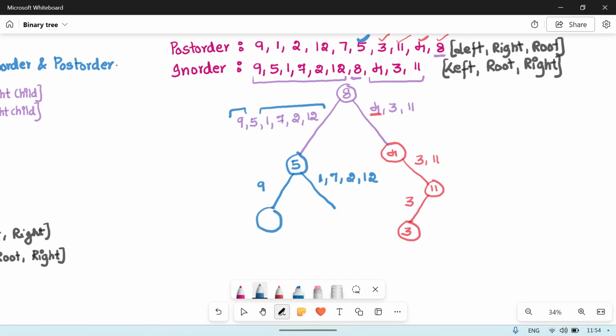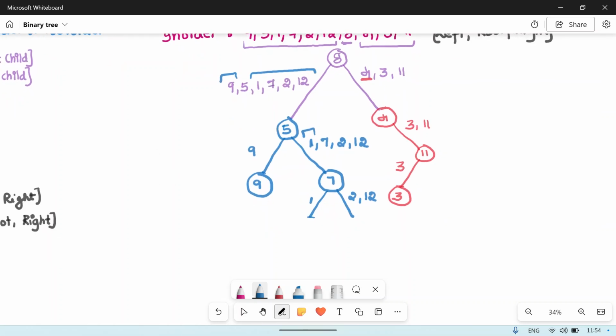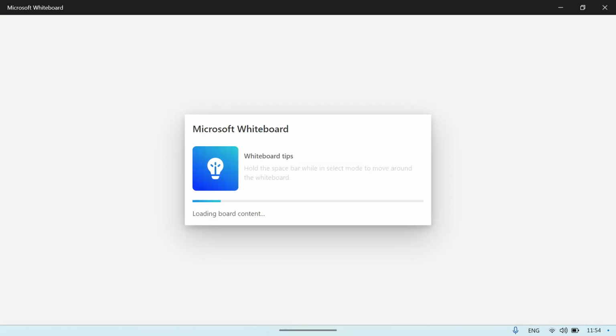There is only one node, so 9 directly becomes the left child. And to the right, the next value I have is 7. What is towards its left? 7's left is 1. 7's right I have 2, 12. So this directly becomes 1. Now 2 and 12.